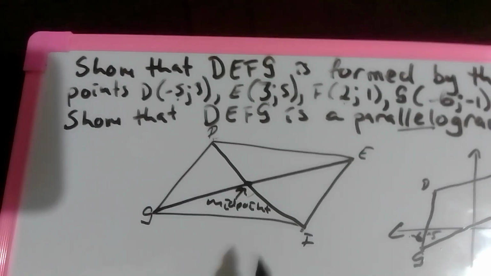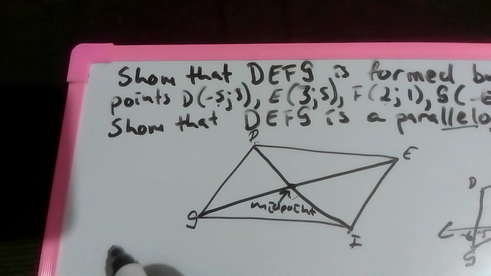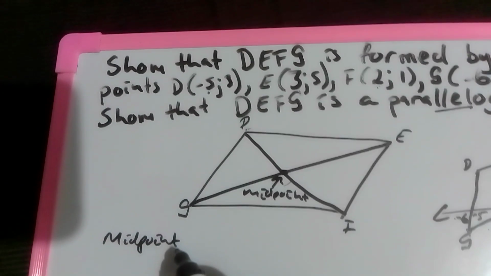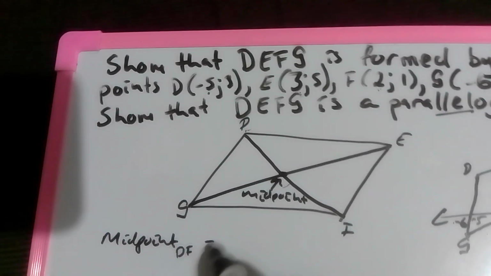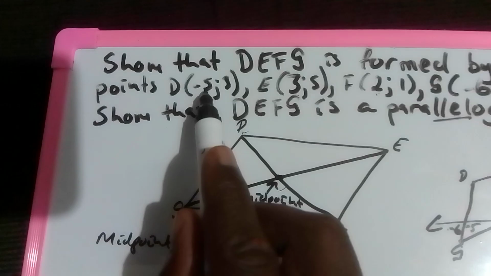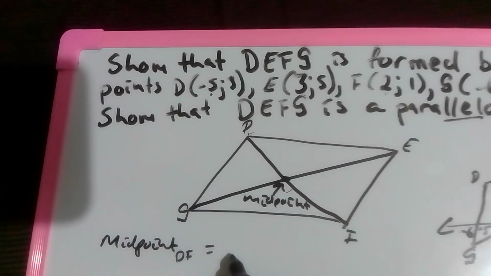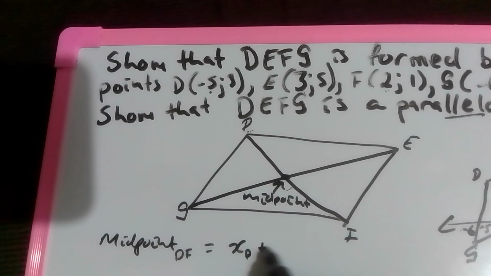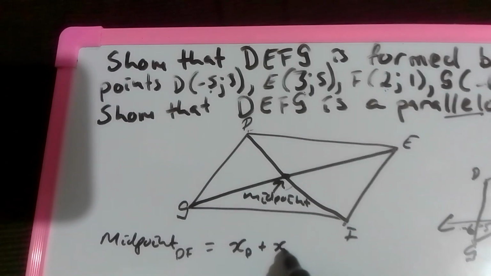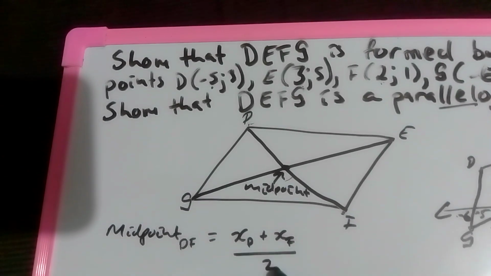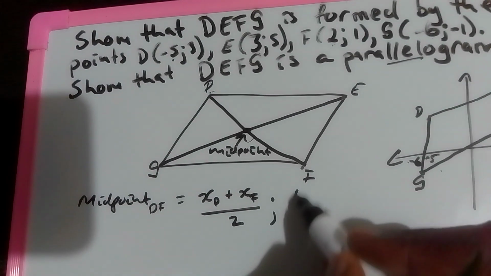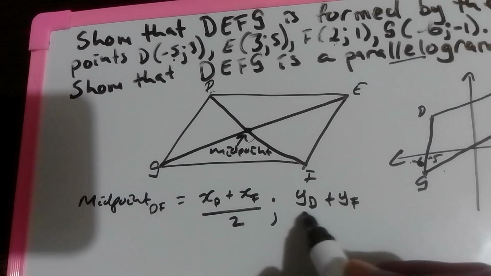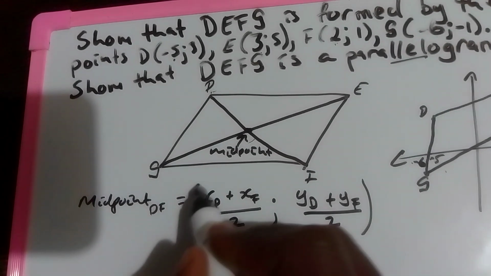So what are we going to do? DF. So I come here and I say midpoint DF is equal to, remember, what does the midpoint say? It says XD plus XF divided by 2, and then YD plus YF divided by 2.